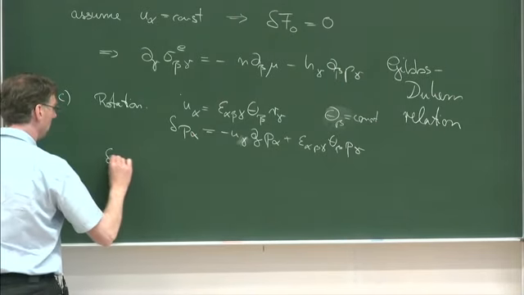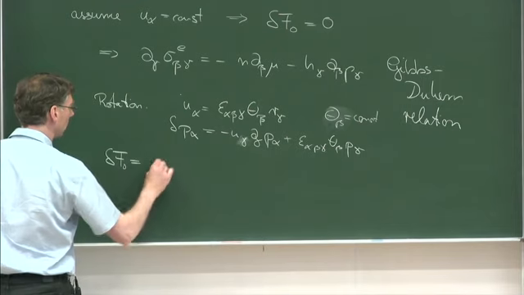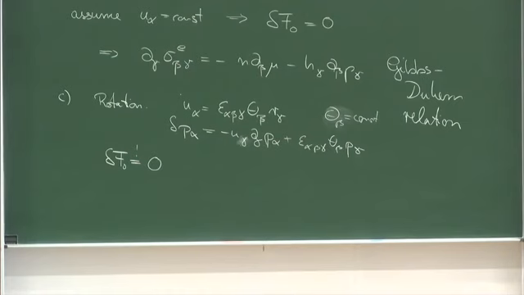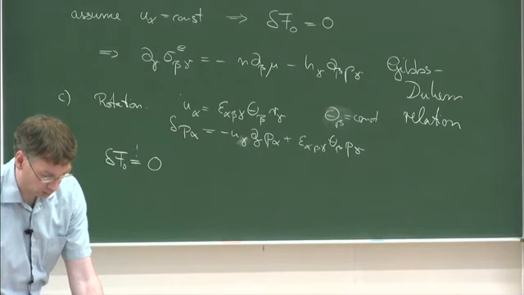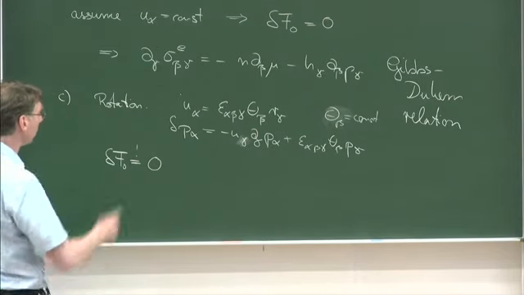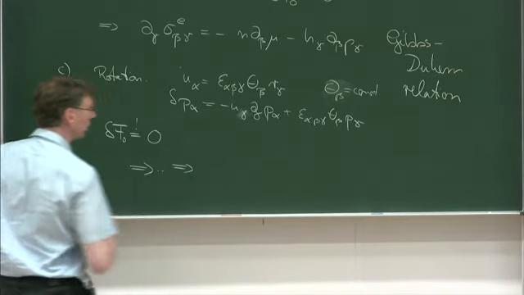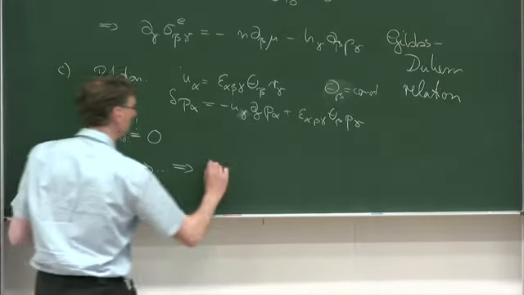Again, since my system is invariant under rotations, we have that the free energy does not vary, and this gives me a condition on the antisymmetric part. This is something that I'm not going to show you now explicitly because this would take too long.